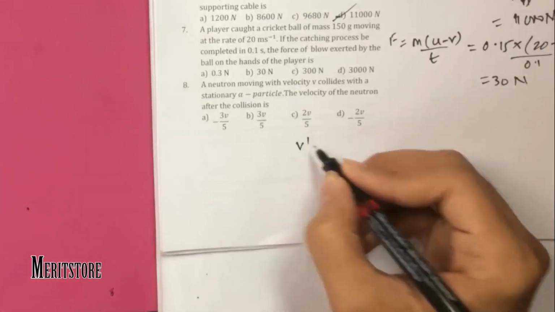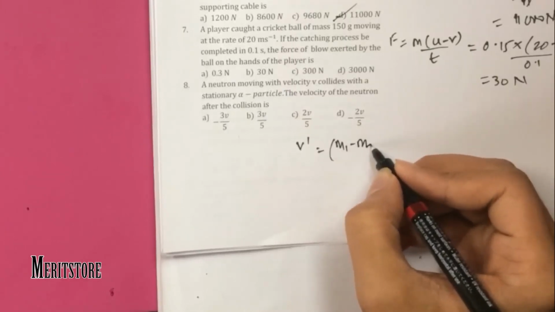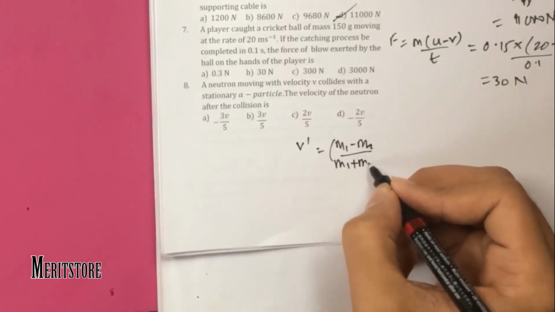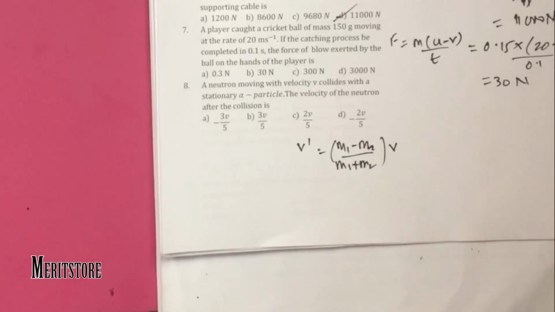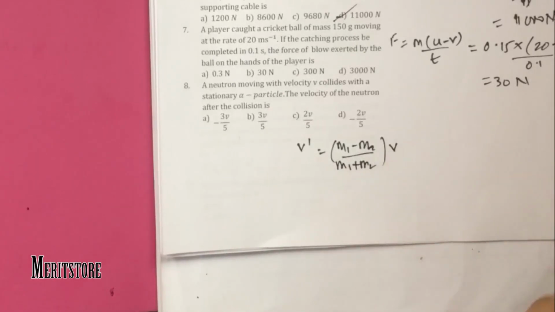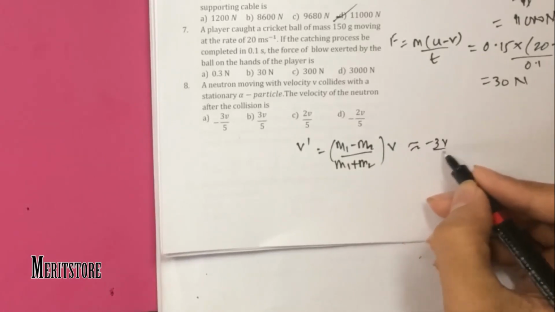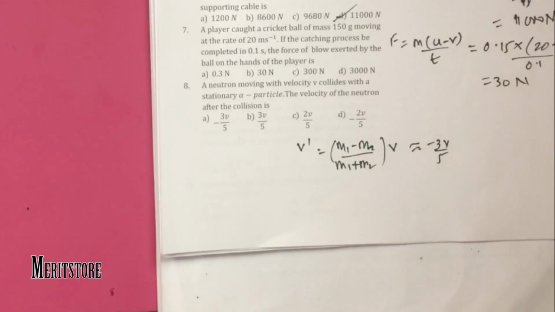So, velocity of the neutron would be m1 minus m2 divided by m1 plus m2 multiplied by v. Now m1 and m2 are basically the mass of neutron and the mass of the alpha particle. Mass of neutron is approximately 1, mass of alpha particle is 4, so 1 minus 4 divided by 1 plus 4, approximately this would be minus 3v by 5.